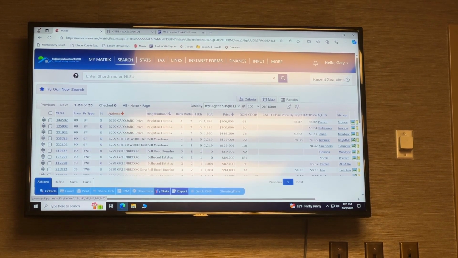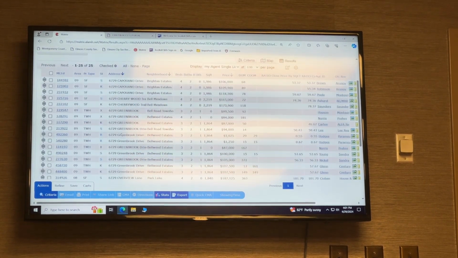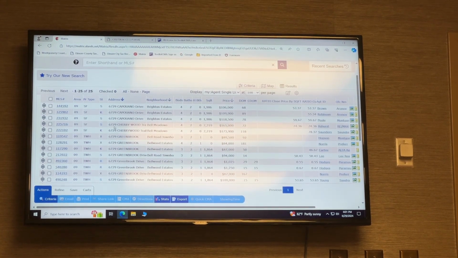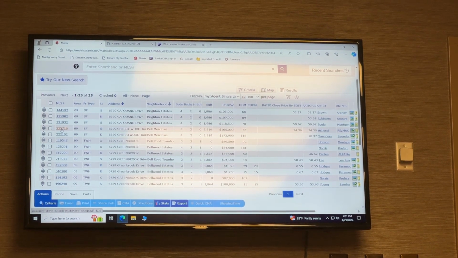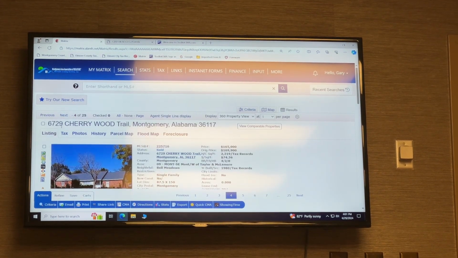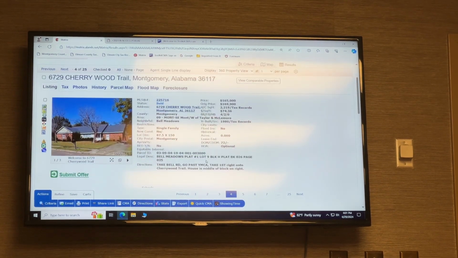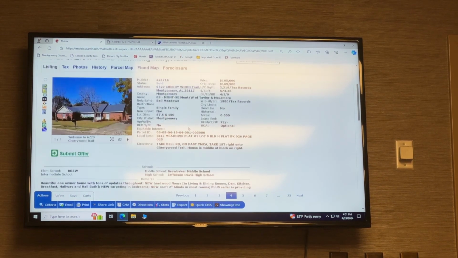What's the street name? Cherrywood Trail. So there it is, right there. Now, what I've got here is an old listing, and I've got a lot of information on this house. I have to assume, for the sake of argument, that this data is pretty much correct.